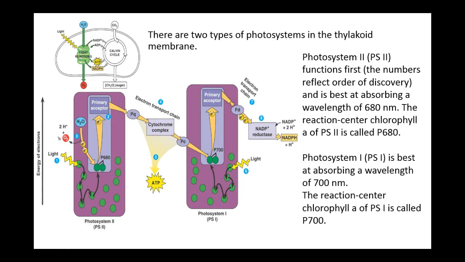The water is going to give you the hydrogen ion, and oxygen is given off at this step. So in step 3, water comes in, providing the electron, and oxygen is given off as a byproduct. That electron then gets excited, we know that part, and goes down the electron transport chain to make ATP, and then is given to photosystem 1.